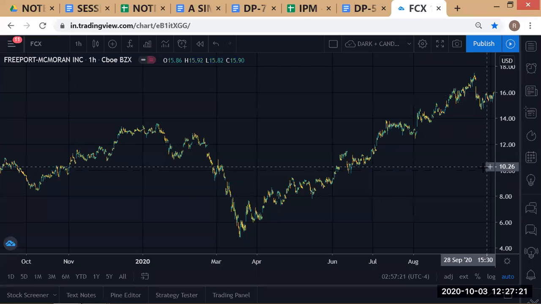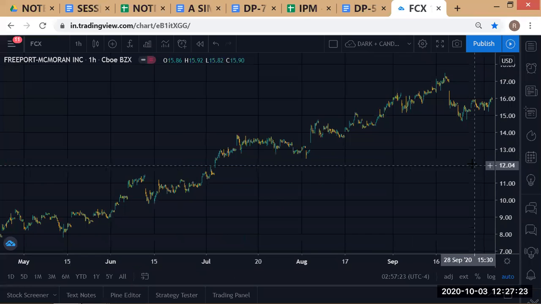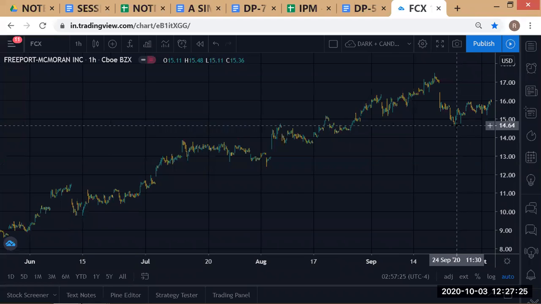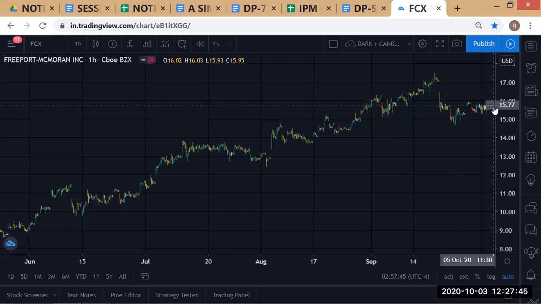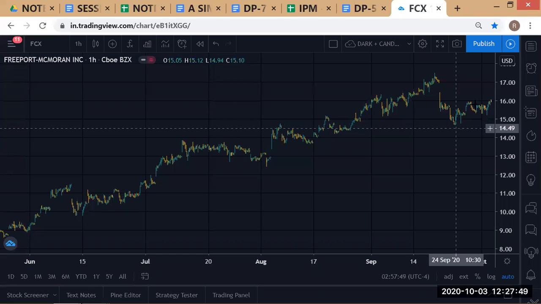So he places a sell stop at 14.5. Below 14.5, this is called a breakout entry. There is some kind of a trading range here and it's breaking out of the trading range. That's where the name comes from.